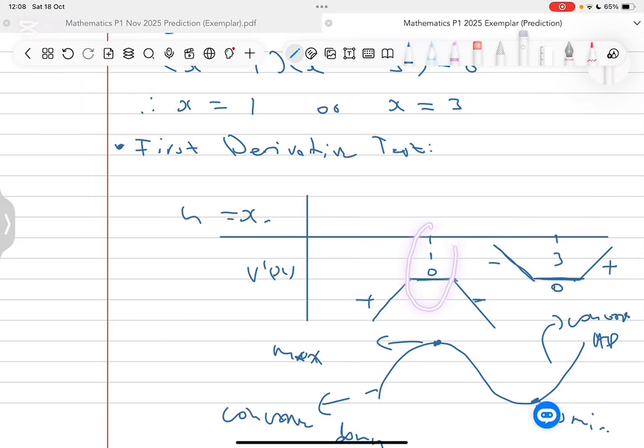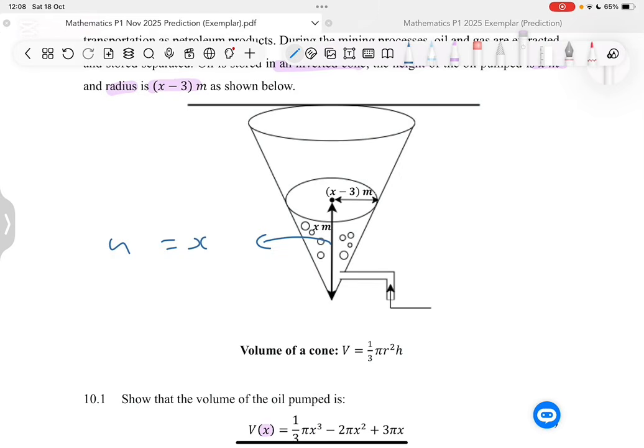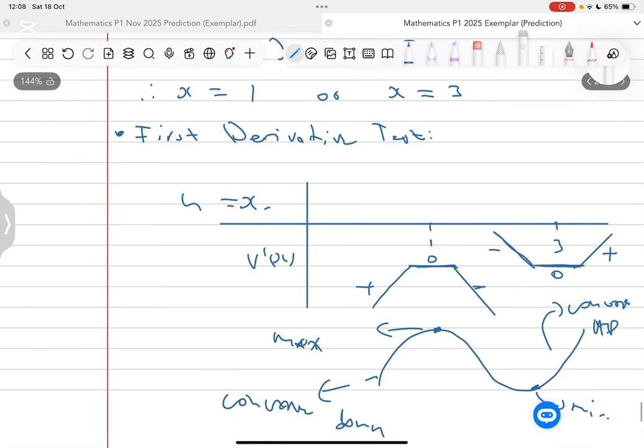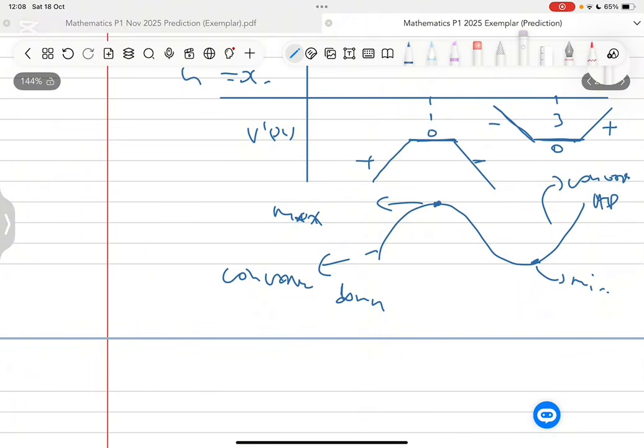Now this means at the height of 1 meter, if we were to have 1 meter in this cone here, that's where we'll have the maximum oil to be stored in the cone. So that means here, to answer our question, we will then say that therefore h should be equal to x equals 1 meter for maximum height.